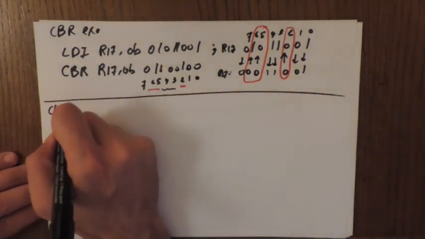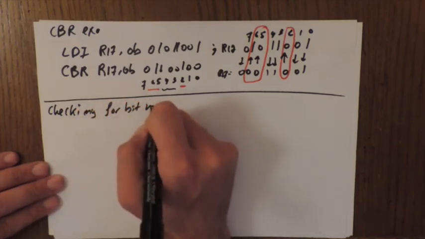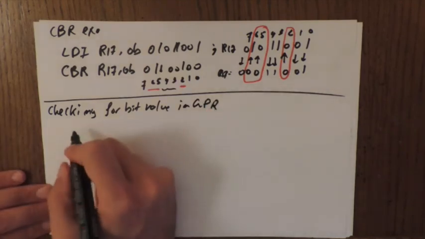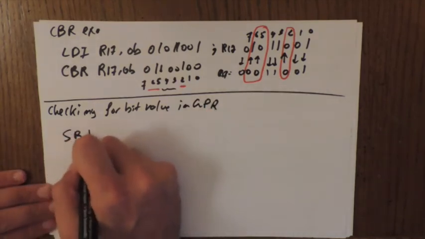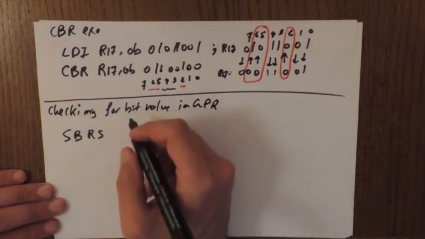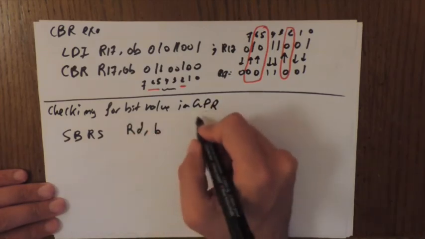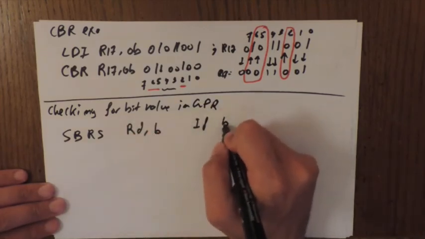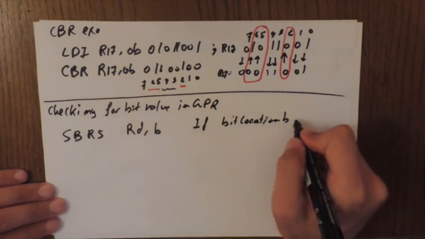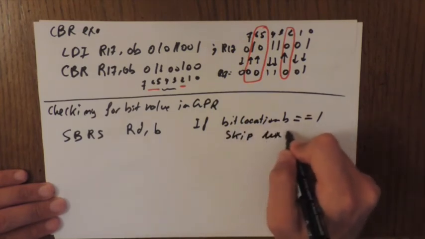For checking for bit value in a GPR, we can use SBRS, and it works in a similar way to SBIS, and it takes a register and a bit number. So if bit location B equals 1, skip next instruction.